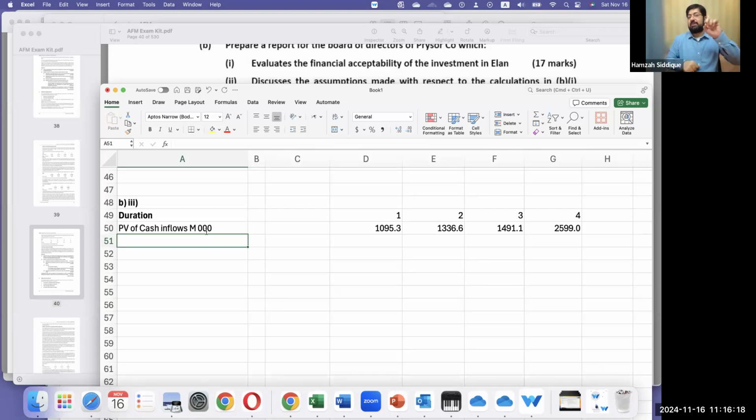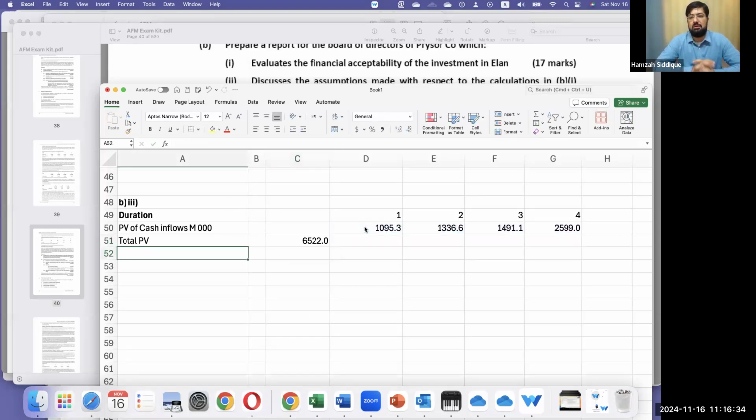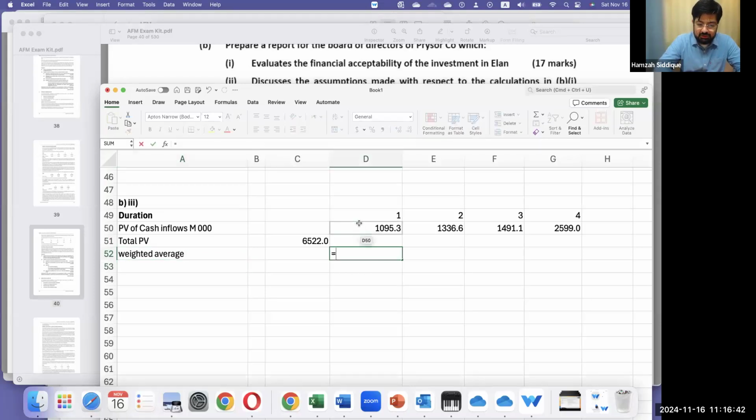First of all, we calculate the present value of cash inflows of the return phase, if you remember. Then what to do? Total present value of return phase. Now, weighted average equal to this divided by this total value, 6522.